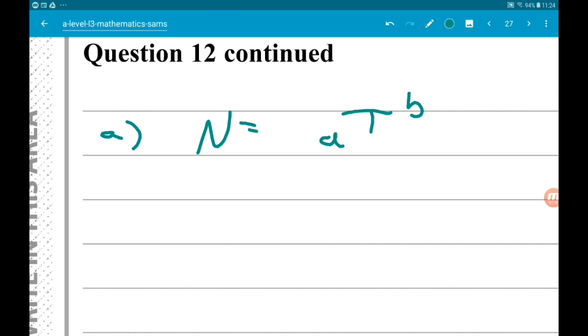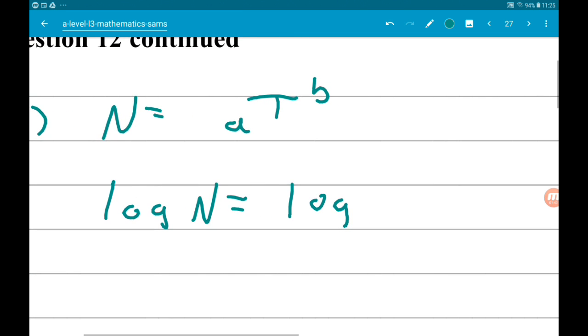Now when you only write a log with no base, it is log base 10. So just to cut down notation, I'm just going to write a log without the 10. So log n is equal to log of a t to the b.